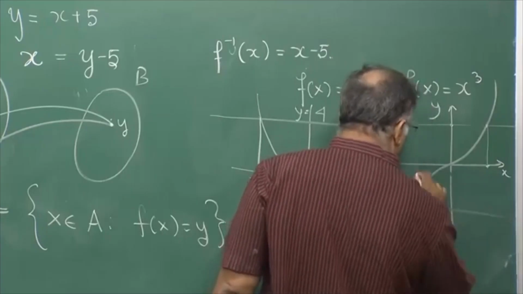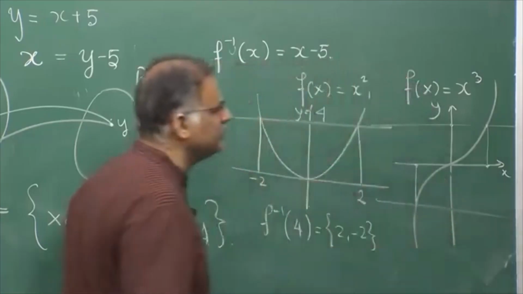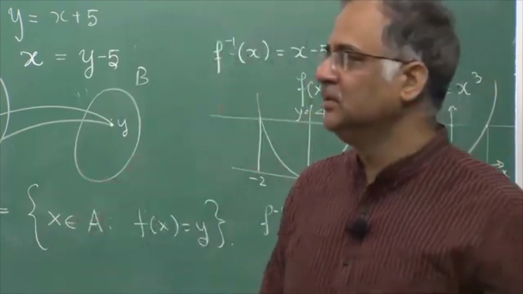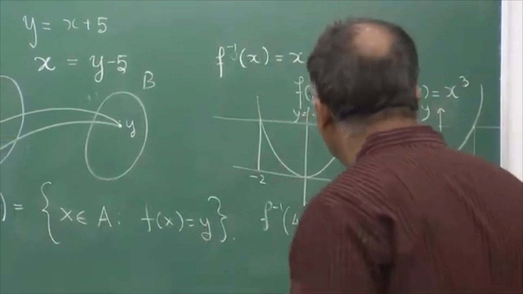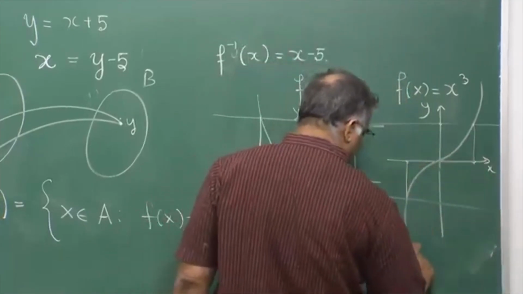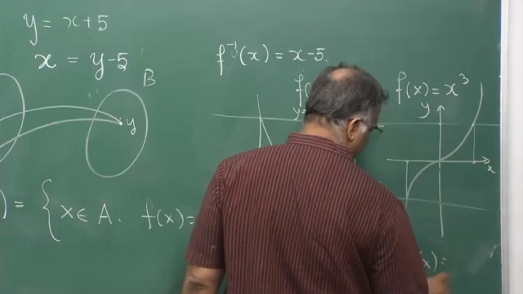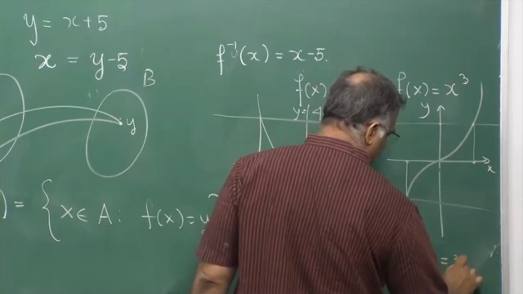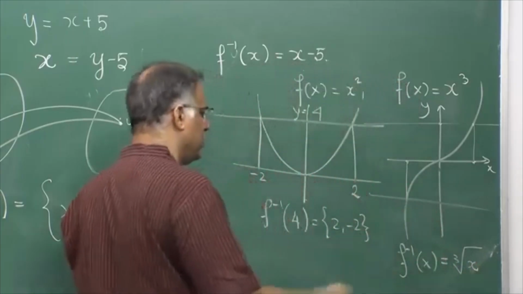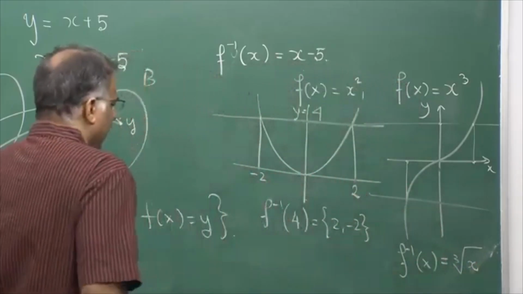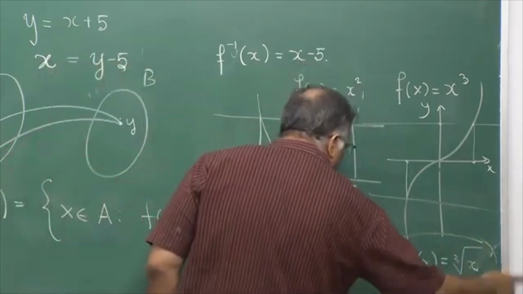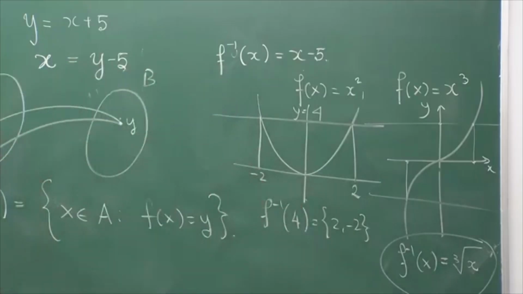So there is a bijection between the x's and y's. Which means this function has an inverse. With y equal to x cube, x is cube root of y, but usually this is the standard way of writing. Obviously you can write f inverse y is cube root of y, that is also acceptable.